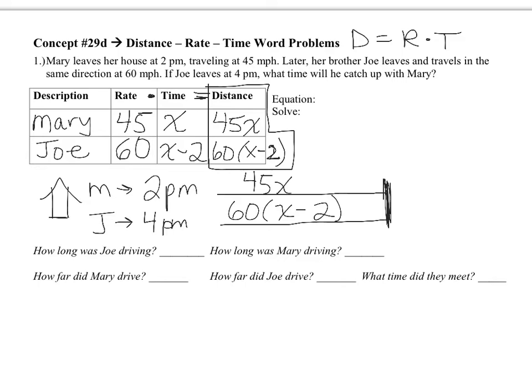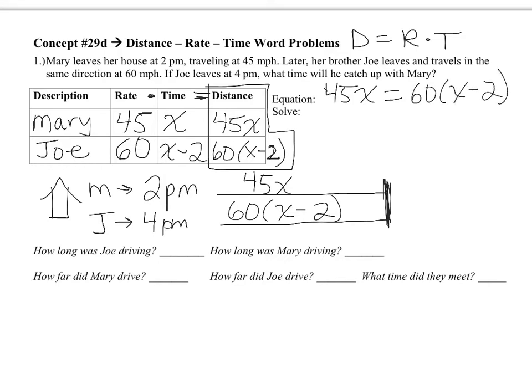Because they're going in the same direction, they left from the same place, they're going to have covered the same amount of distance by the time they meet up. And that right there is our clue for our equation. So our equation is going to be that Mary's distance, 45x, will equal Joe's distance, 60 times x minus 2.